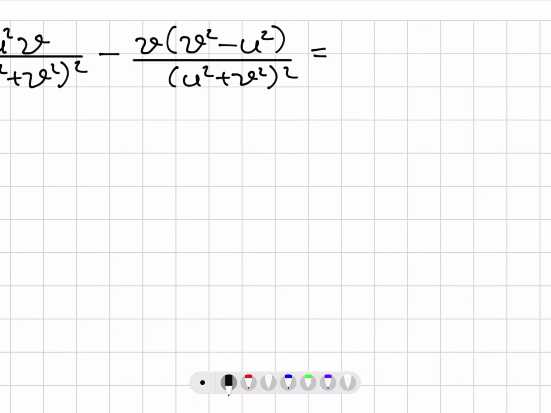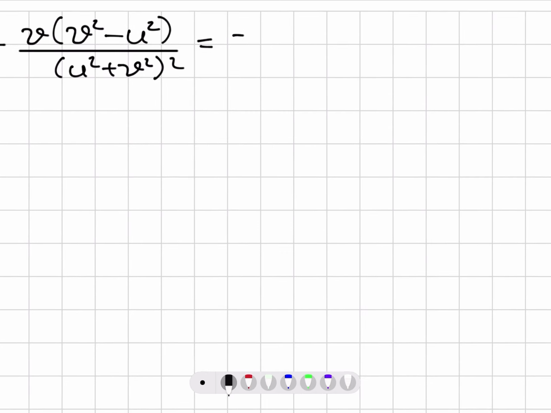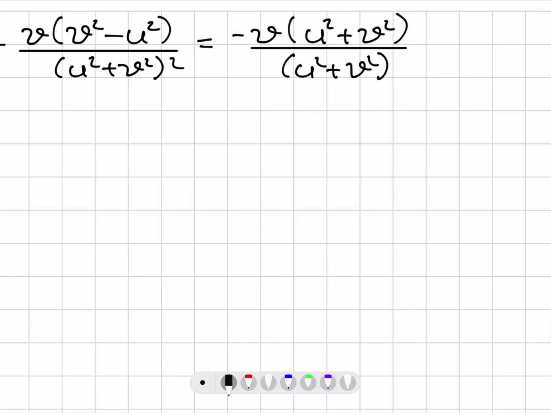So this is once again equal to, in minus v parentheses, u square plus v square divided by the bottom u square plus v square squared. And once again, these will cancel, and I will be left with the EV hat component minus v over u square plus v square.